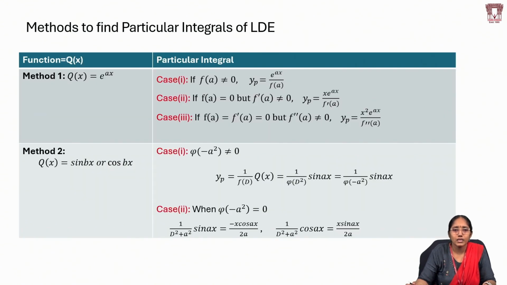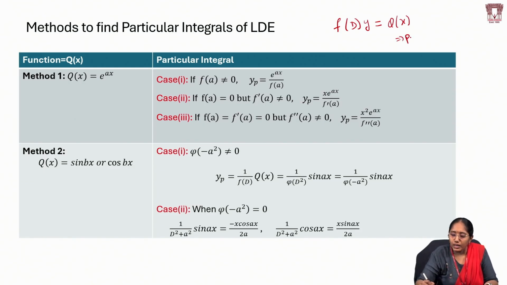Now we will discuss the formulas of particular integrals of linear differential equations with constant coefficients. Suppose, as we discussed, after converting the variable coefficients into constant coefficients, the equation is of the form f of D into y is equal to some Q of x or some Q of t, the independent variable.